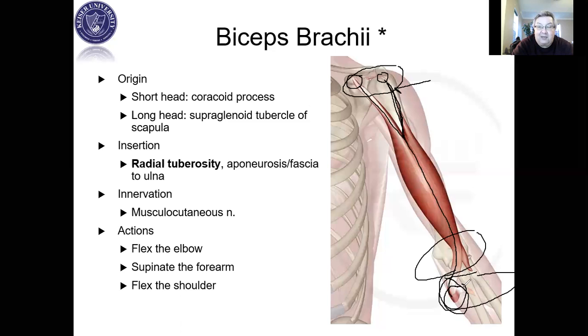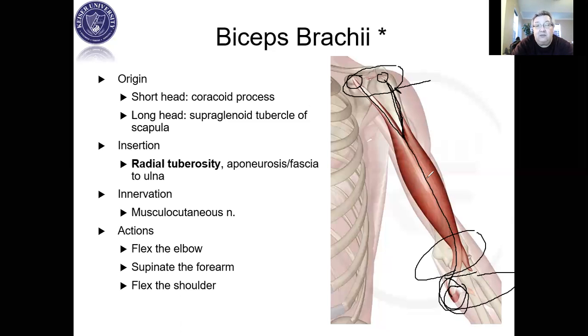The last action that the biceps brachii does is it supinates the forearm, bringing your palm upwards. So the three actions: elbow flexion, shoulder flexion, and forearm supination. Those are the three actions of the biceps brachii.